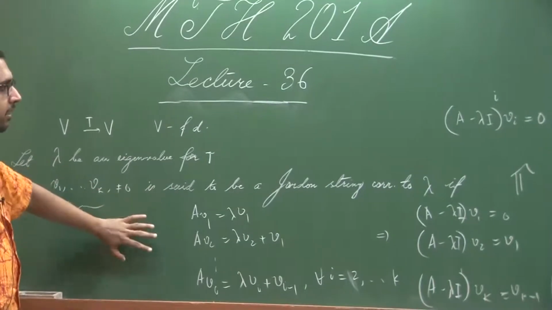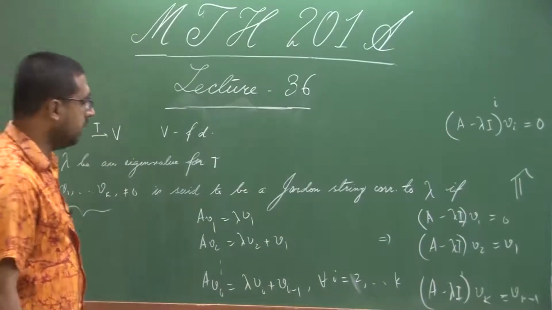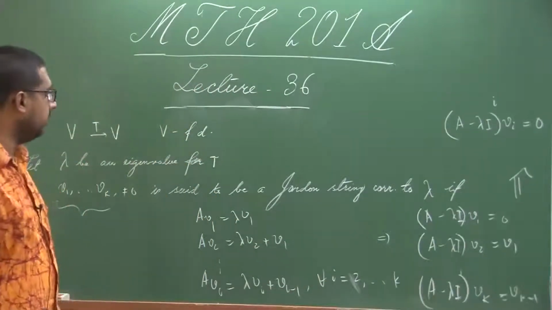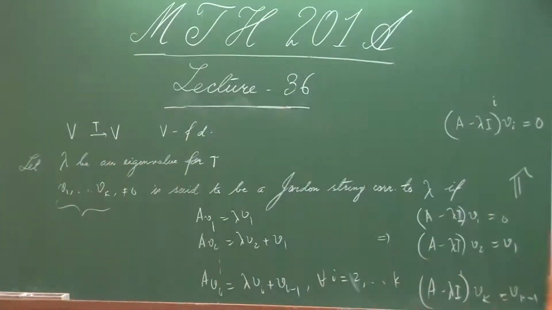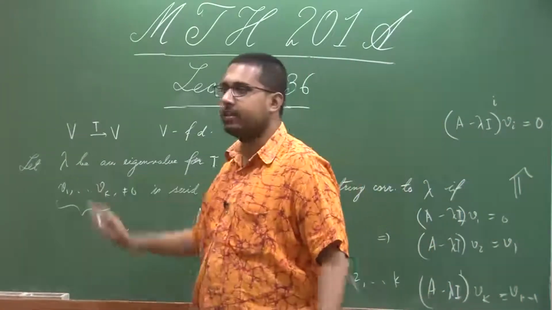Let me explain by considering the special case of nilpotent. Suppose T is nilpotent, then lambda has to be 0.